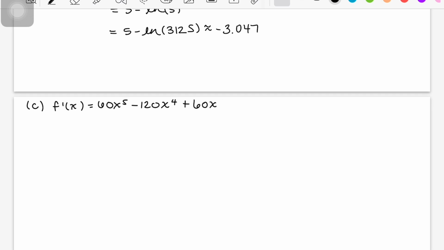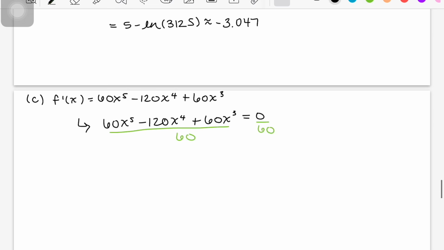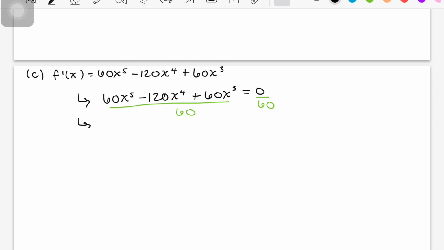And then we want to figure out when this will be equal to 0. So the first thing I'll do is divide both sides of this by 60. So we'll get x to the 5th minus 2x to the 4th plus x cubed is equal to 0.